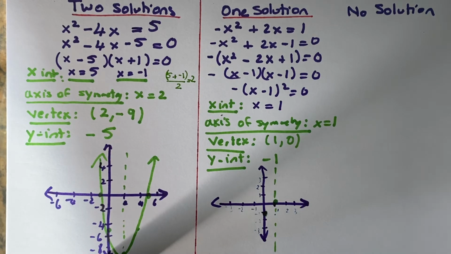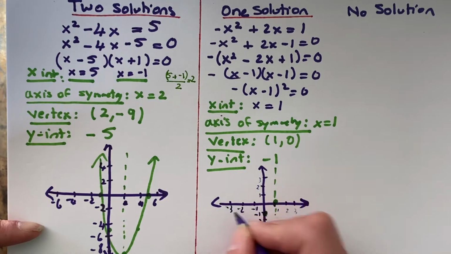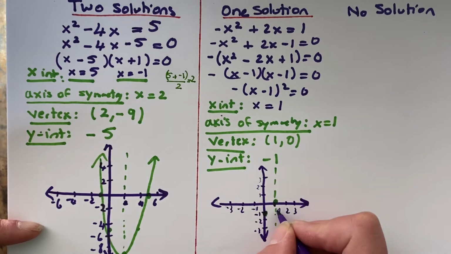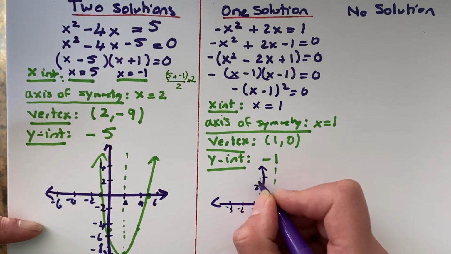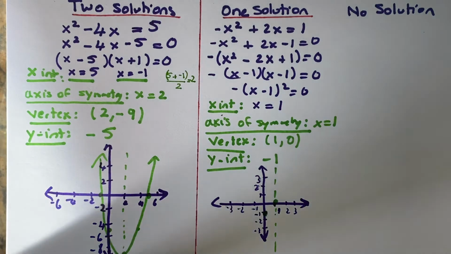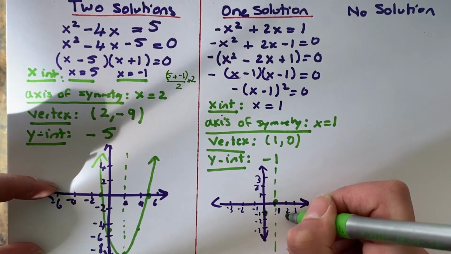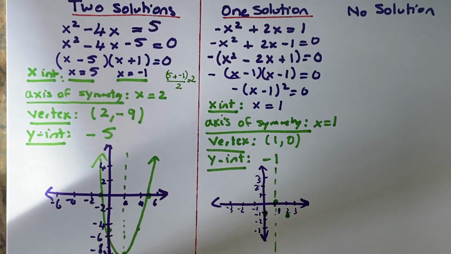If this is at -1, sorry, marker problems. If this is at 0, -1, I have symmetry right over here at 2, -1. And so I can find a second point. And that means I only have to find one more point in order to finish this graph.